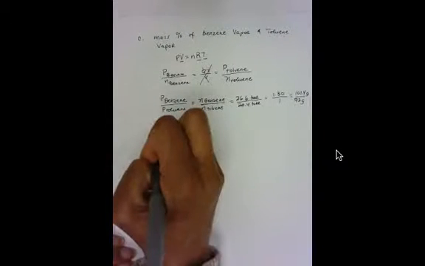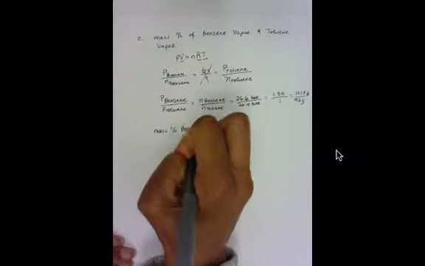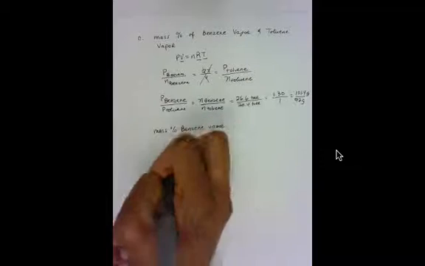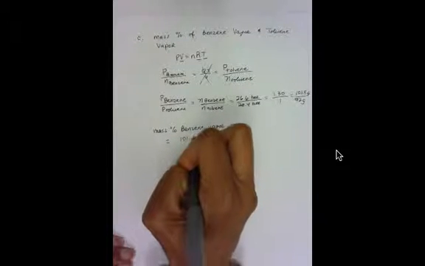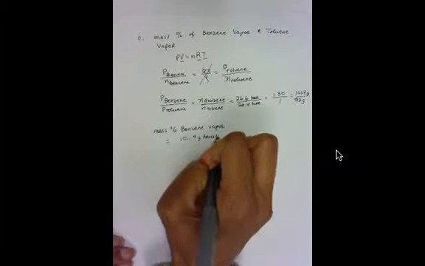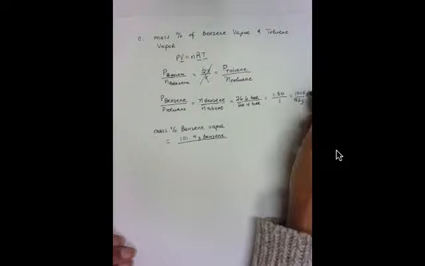To find the mass percent of the benzene vapor, we have the grams of benzene divided by the total number of grams in the solution, which is going to be this number plus that number.